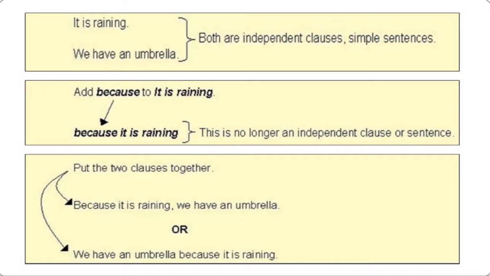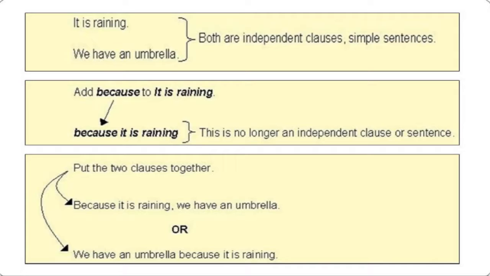Now, by adding the word because into the sentence, because it is raining, the sentence no longer becomes independent. As you start off, because it is raining. In terms of grammar, this is an incomplete sentence. If I were to say this sentence on its own, you wouldn't understand.